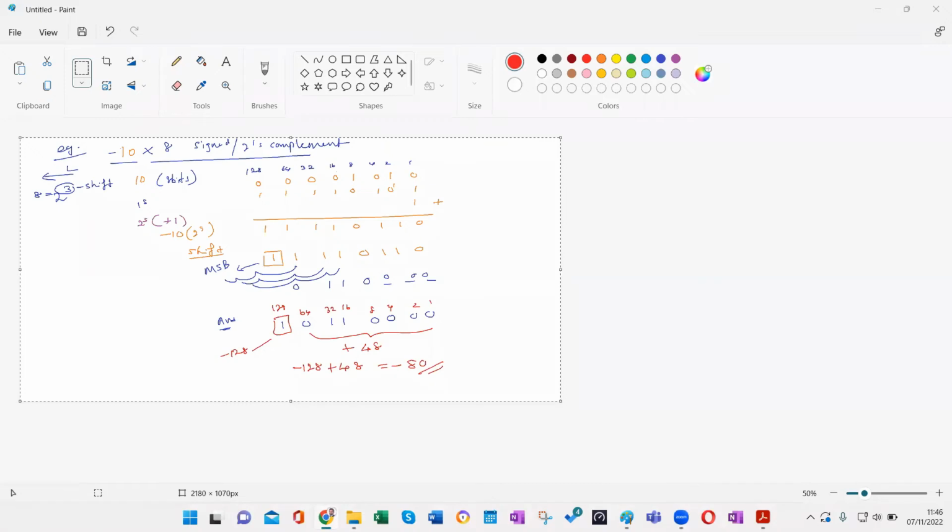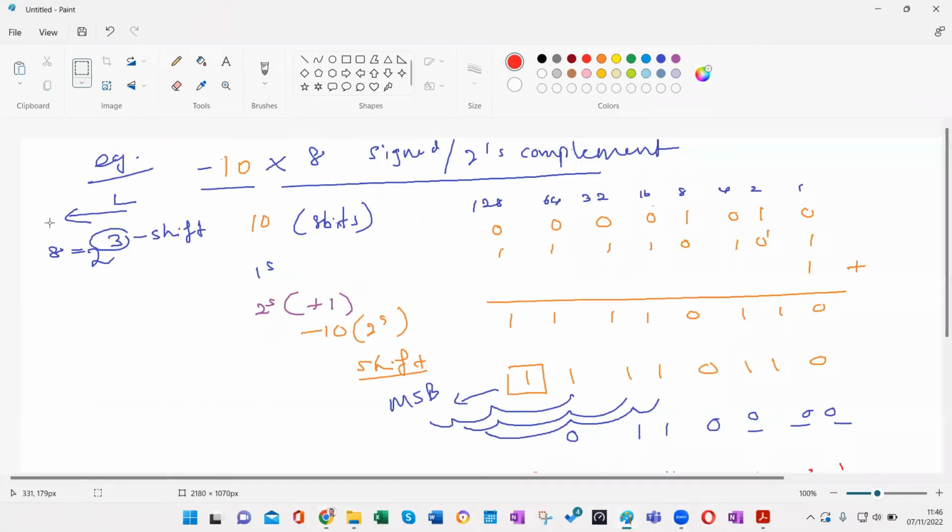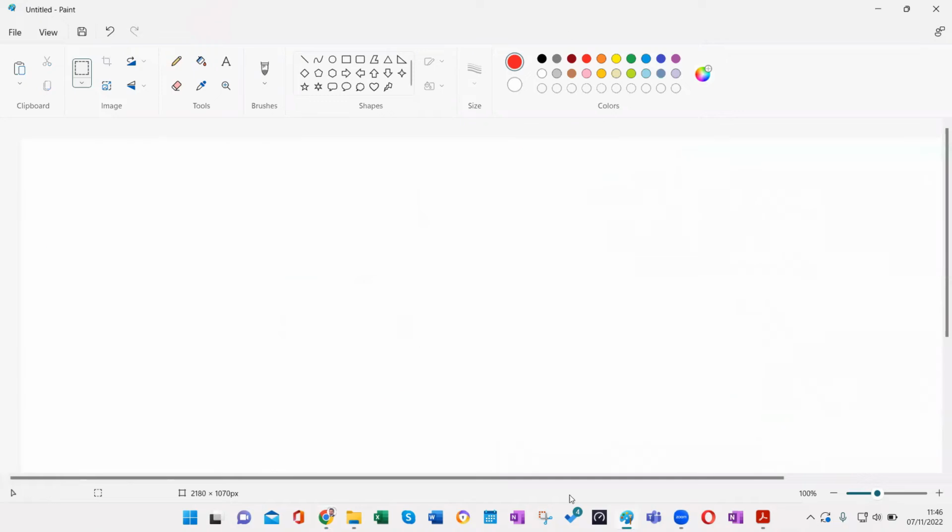Okay, then let's move to the last one, right? Which is the right arithmetic shift. Now this is a bit tricky.